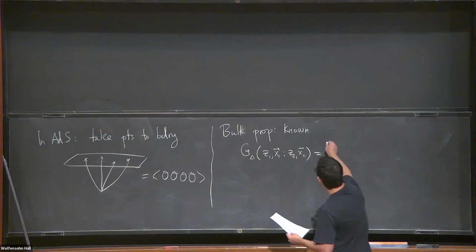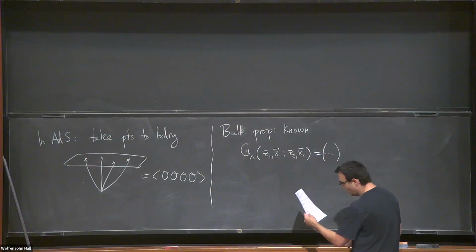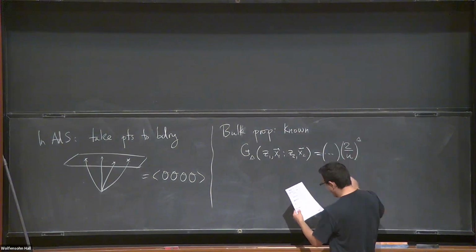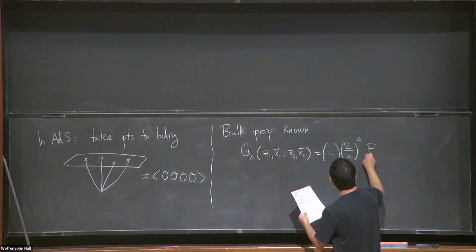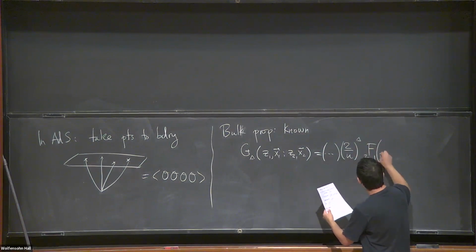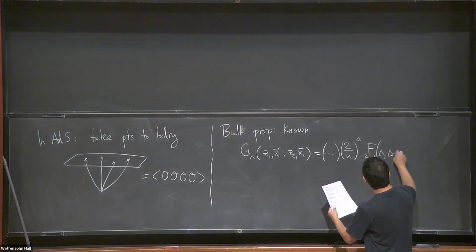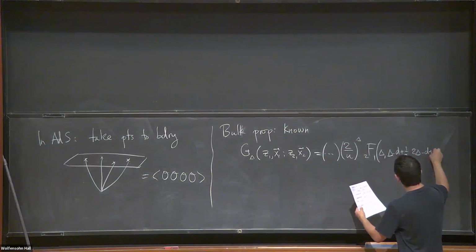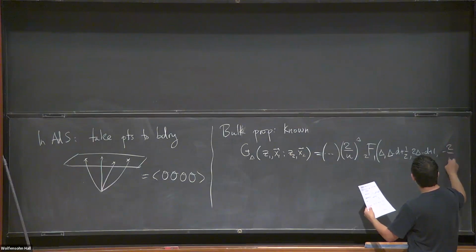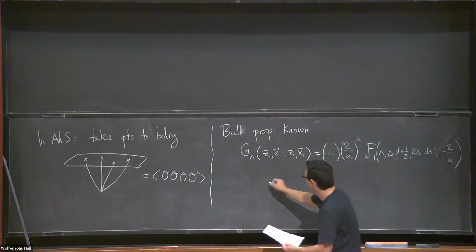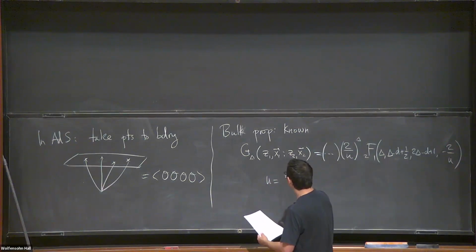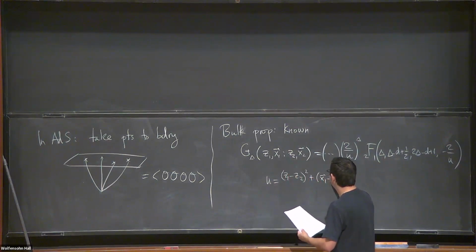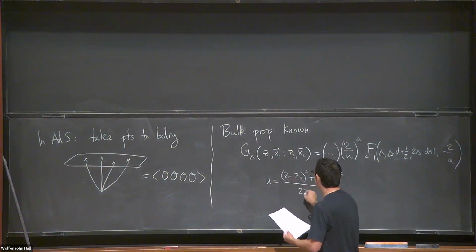So there's some normalization factor. And then there's a function, like 2 over u to the power delta, times a hypergeometric function, with arguments delta minus d plus a half, 2 delta minus d plus 1, and then minus 2 over u, where u is (z1 minus z2) squared plus (x1 minus x2) squared over 2 z1 z2.